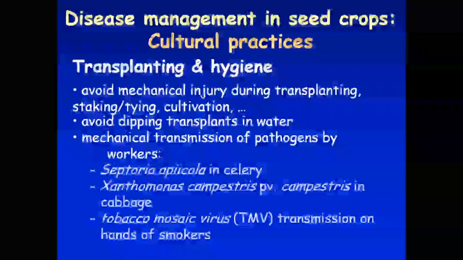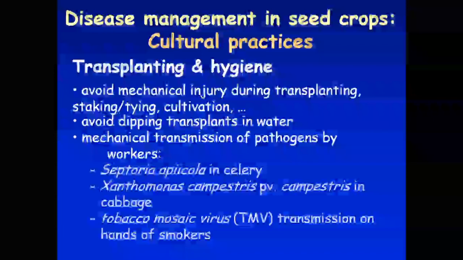Xanthomonas campestris pv. campestris in brassicas is a big issue for the production of brassica seed. One of the problems in cabbage seed production, those of you who know this, is in the spring when those heads should be opening up after vernalizing all winter. If they're really tight with wrapper leaves, sometimes you have to go in with a knife and cut an X in the top of the head to help open the head up so the seed stalk can push out.